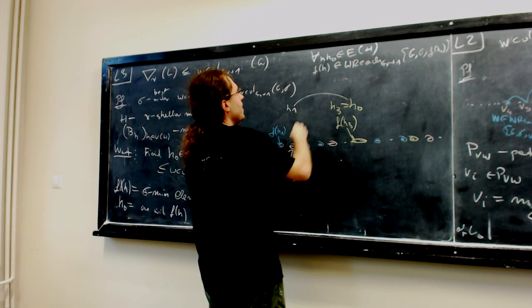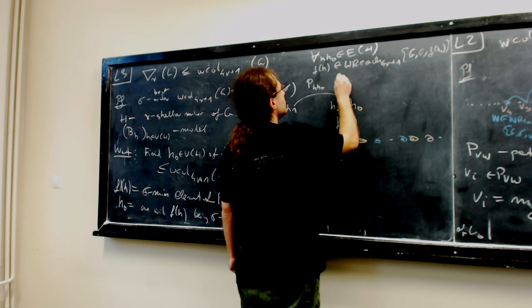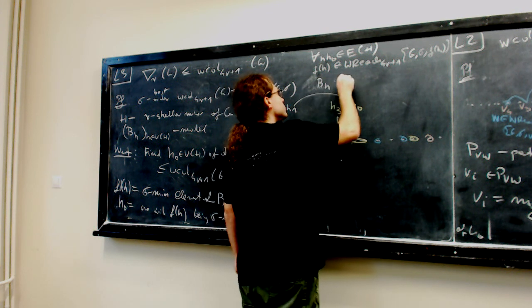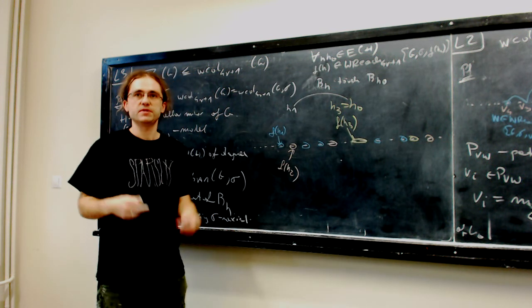This is quite easy, because what does it mean to be a partial minor? That means that BH touches BH0, because there's an edge, they need to touch each other.